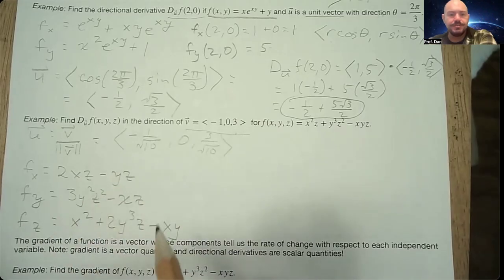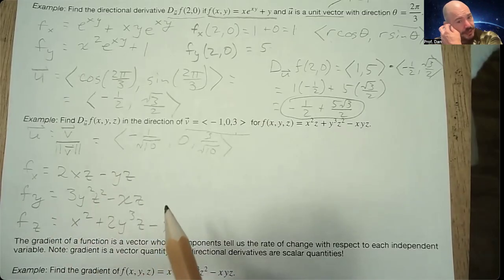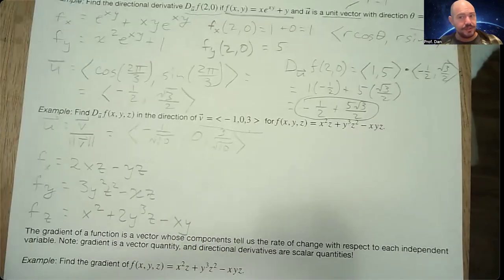So now that we have our partial derivatives, we don't actually have a point to plug in. That just means the answer we get is going to be a function of x, y, and z. Meaning if I were given a coordinate to plug in for x, y, and z, the result would be a scalar value, namely the w coordinate.